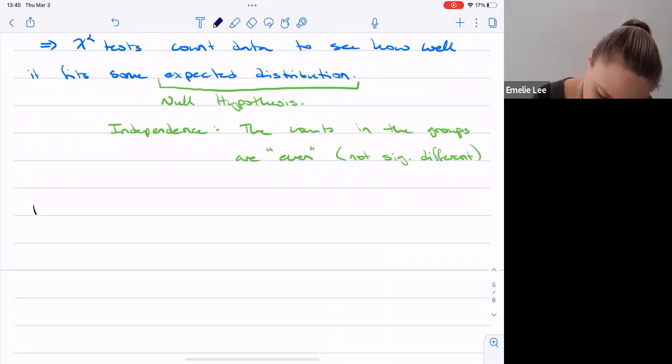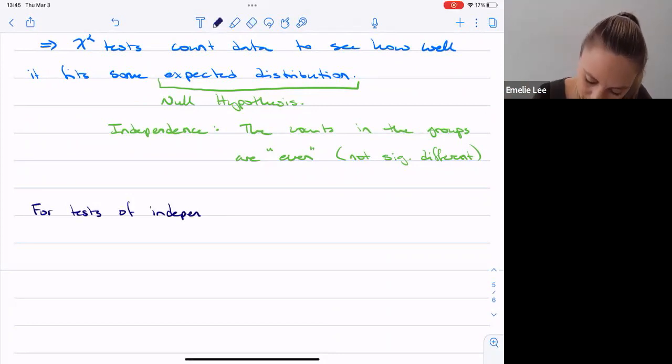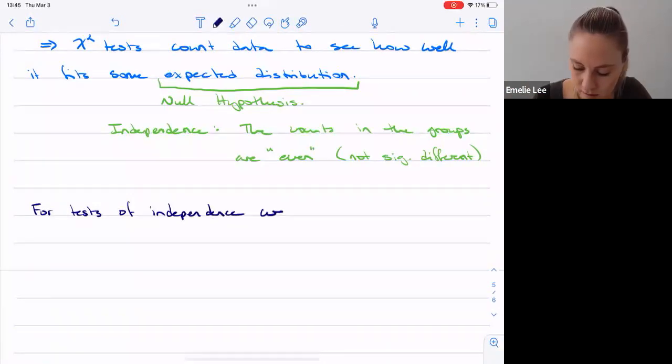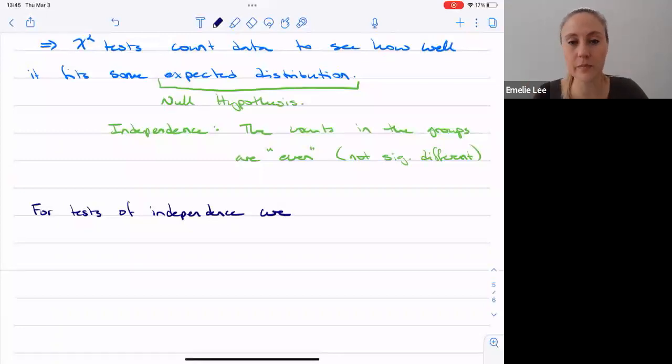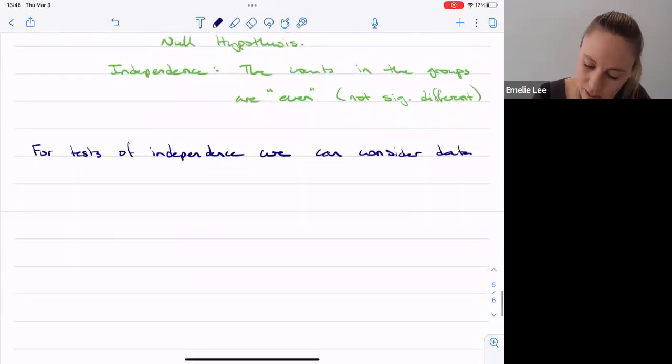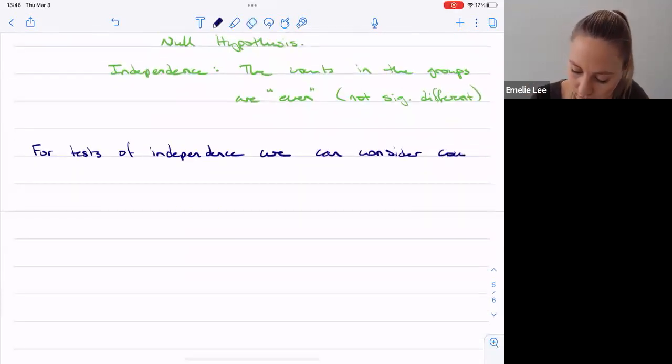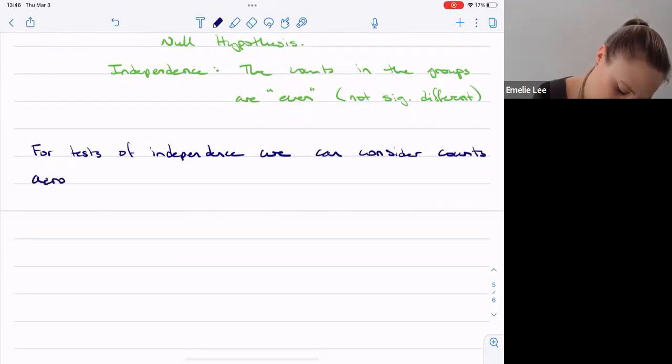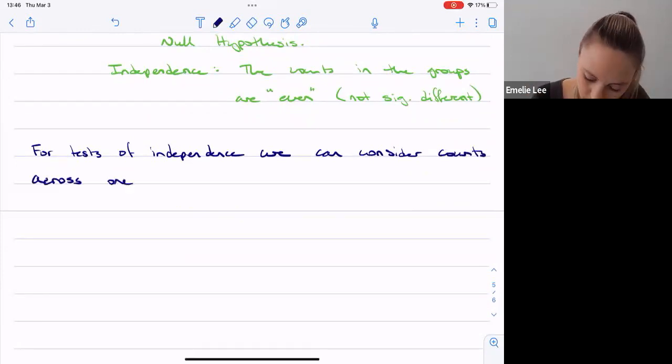So for tests of independence, we can consider data from 1 or 2 groups. We can consider data, and maybe I should clarify, counts across 1 or 2 groups.